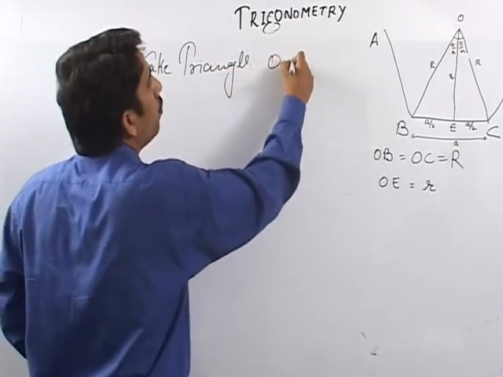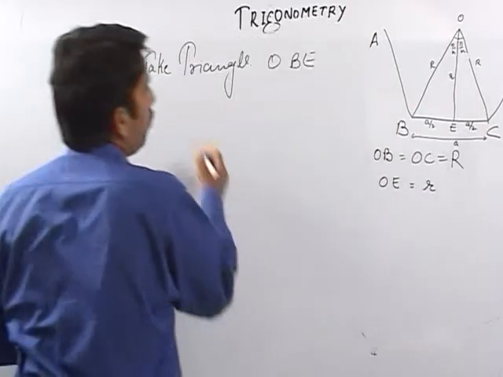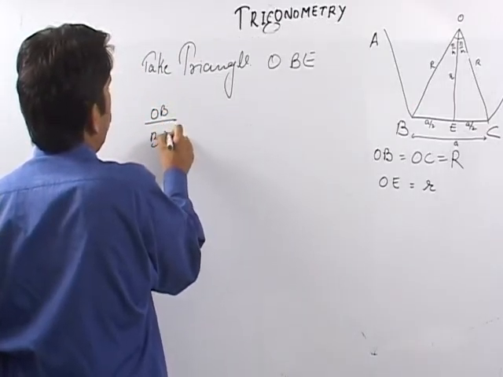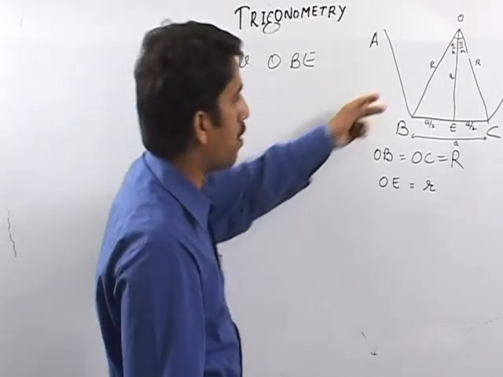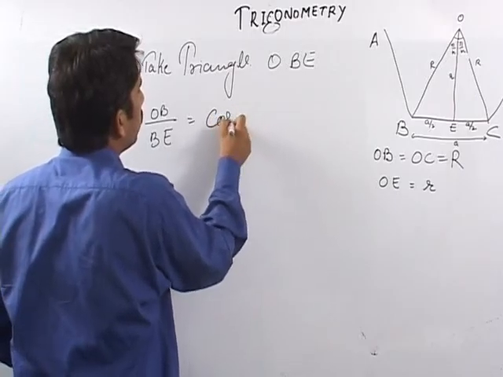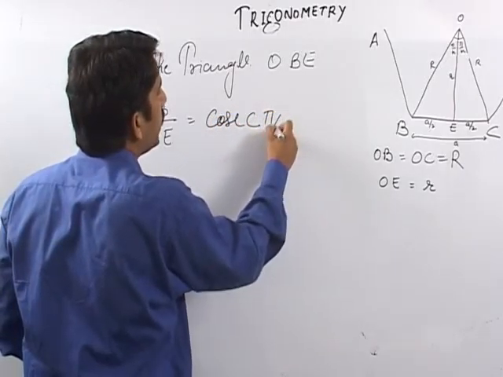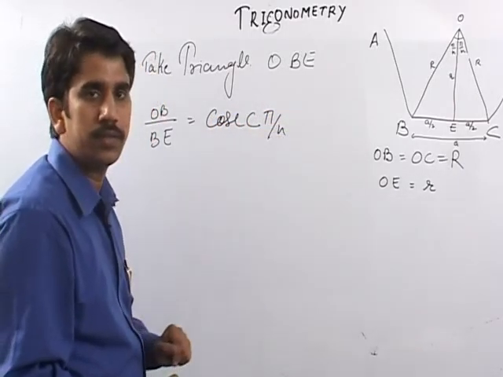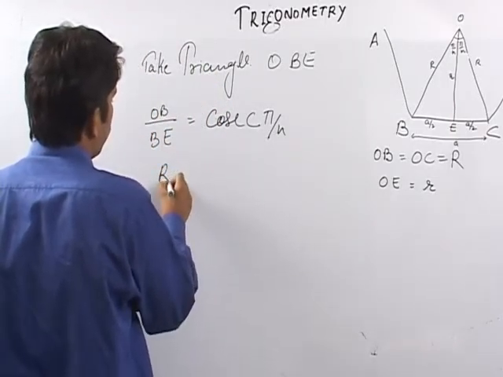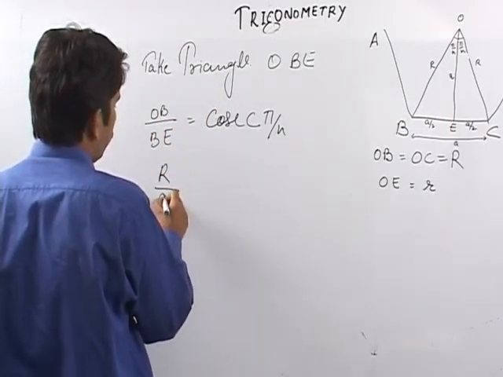In triangle OBE, OB over BE will be equal to, this is what? This is hypotenuse over perpendicular, and this will be equal to cosecant pi by n. Now this OB is equal to R and BE is a by 2.